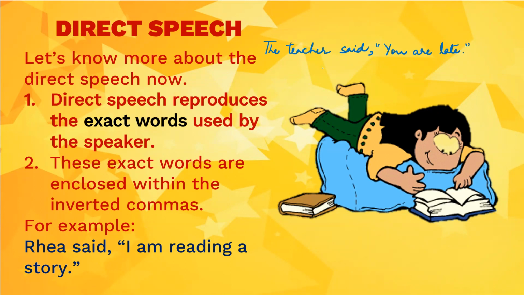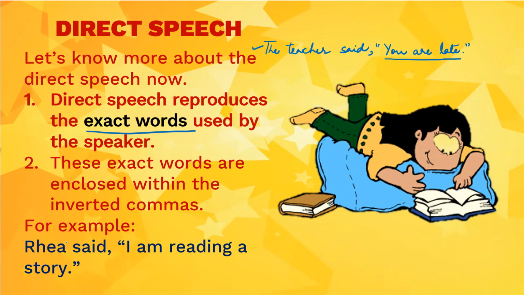So, what have I done? I have quoted the same thing, the same words spoken by my teacher, keeping them in the inverted commas. So, whatever the teacher said, that has been spoken exactly the same way. That means this particular statement is written in the direct speech because it is reproducing the same words, the exact words used by the speaker. These exact words are enclosed within the inverted commas.